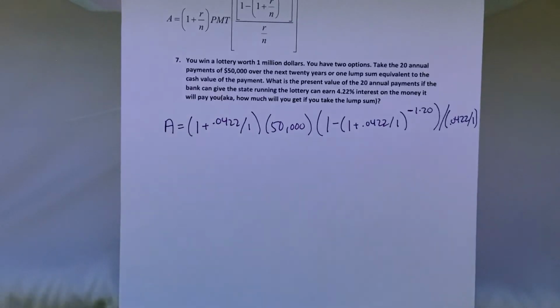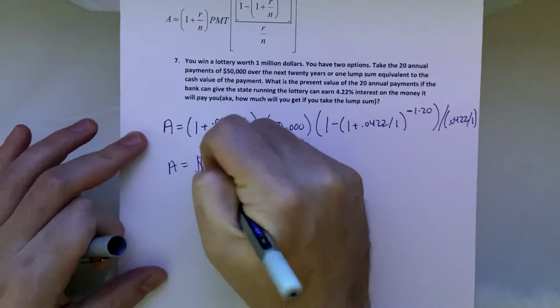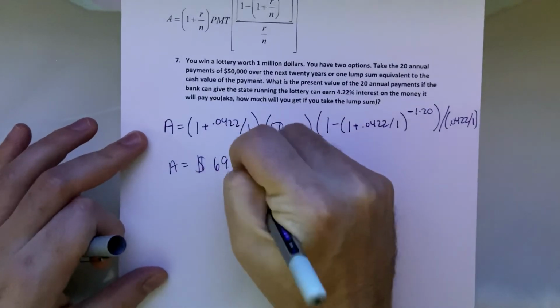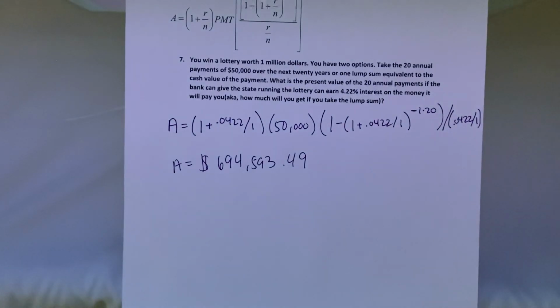So the present cash value, if you take the lump sum of this thing, is actually $694,593.49.